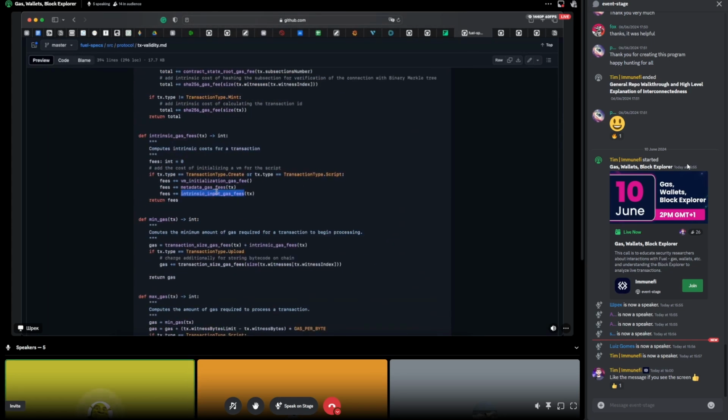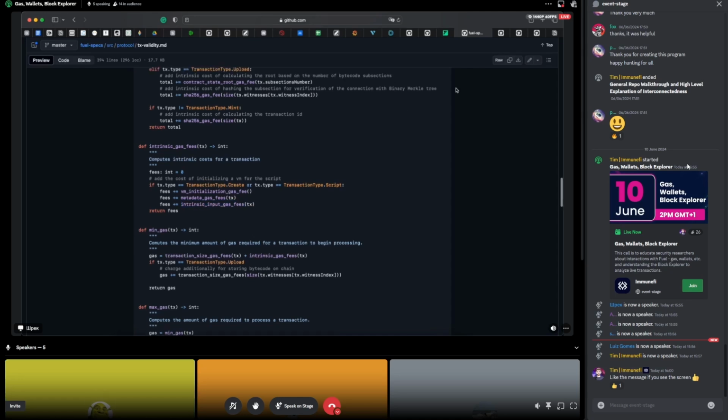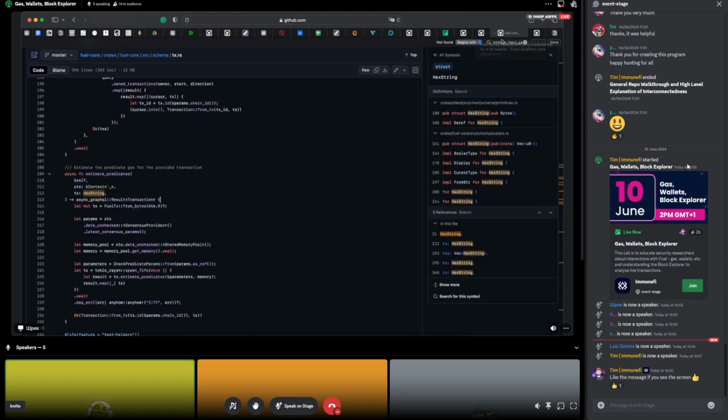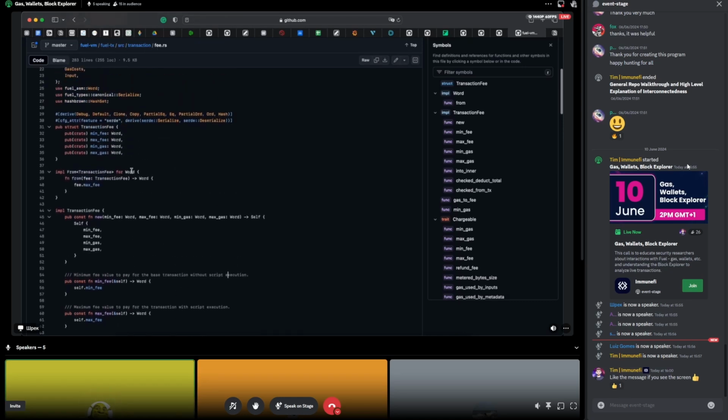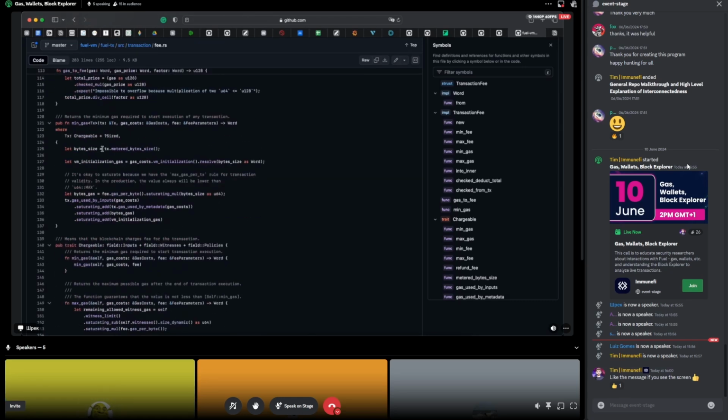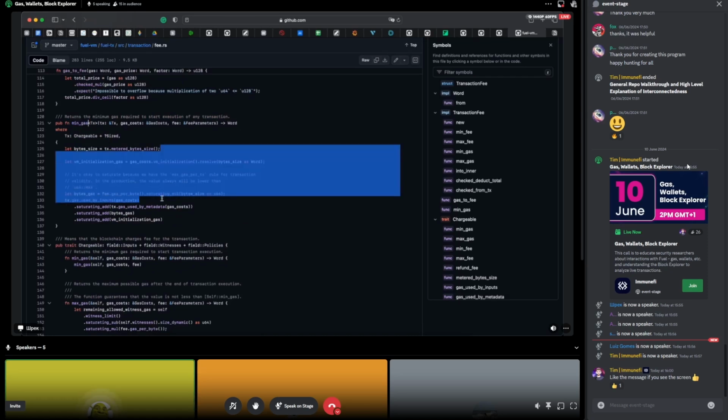I guess we need to fix that in the specification. But if we go to the code base itself, it's in fuel-vm, fuel-tx, transaction fee. Here we have the rules defined regarding fee calculation, and it also includes min gas calculation. So everything that was mentioned in the specification is also here.